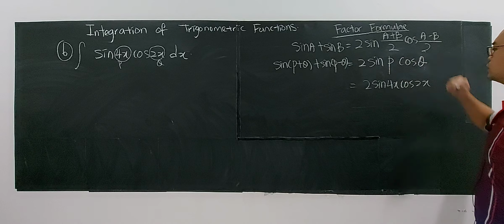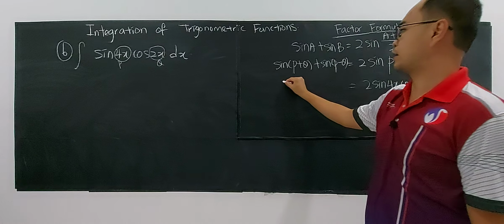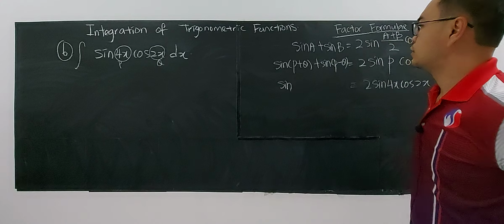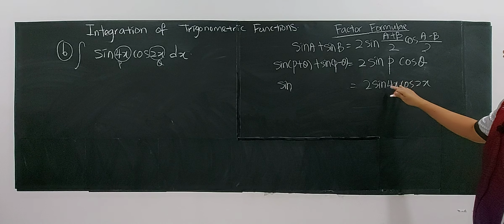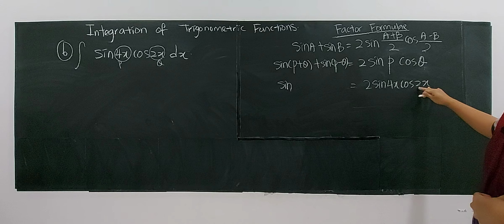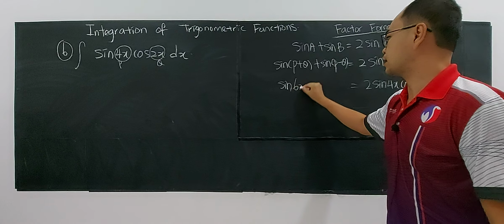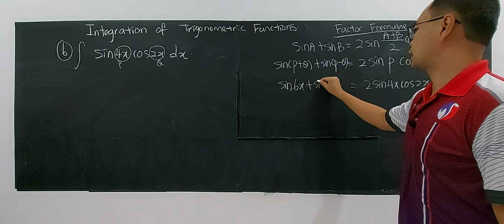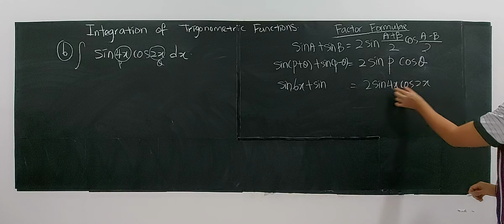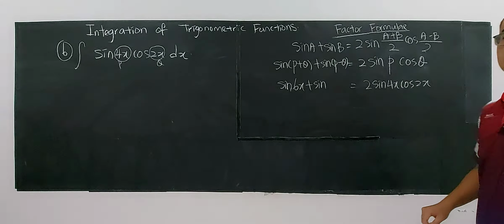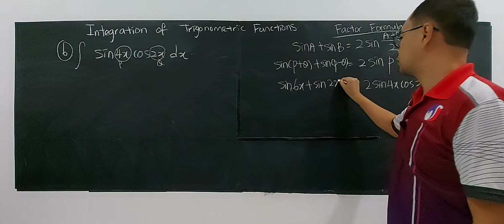Definitely here I need to convert to sine of P plus Q. P plus Q means 4 plus 2, I have 6x, plus sine of P minus Q. This is your P, this is your Q. P minus Q is 4x minus 2x, you have 2x.